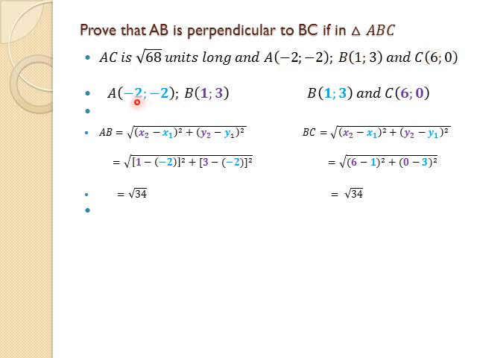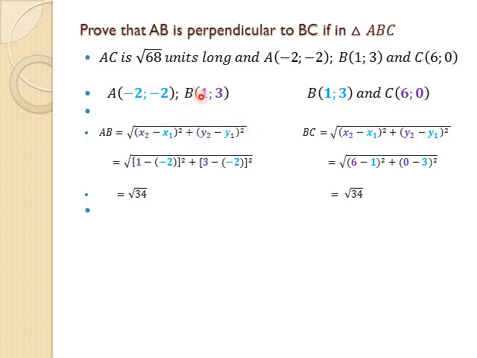So first, because they gave me the length of AC, I have to find the length of AB and the length of BC. So there, A (-2, -2), B (1, 3). And the distance formula reads AB equals square root of (x2 minus x1) all squared plus (y2 minus y1) all squared.